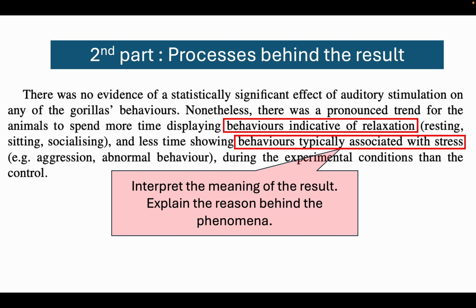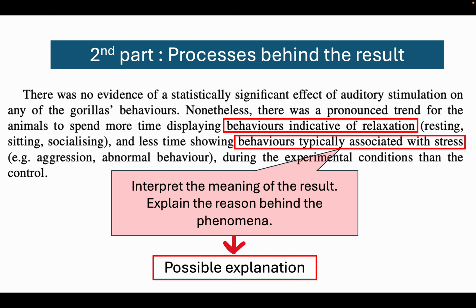Relaxation here is the reason behind the phenomena that the animals want to spend more time. And another example is the behavior associated with stress. Stress here explains why these animals spend less time. So this is what we call the possible explanation.